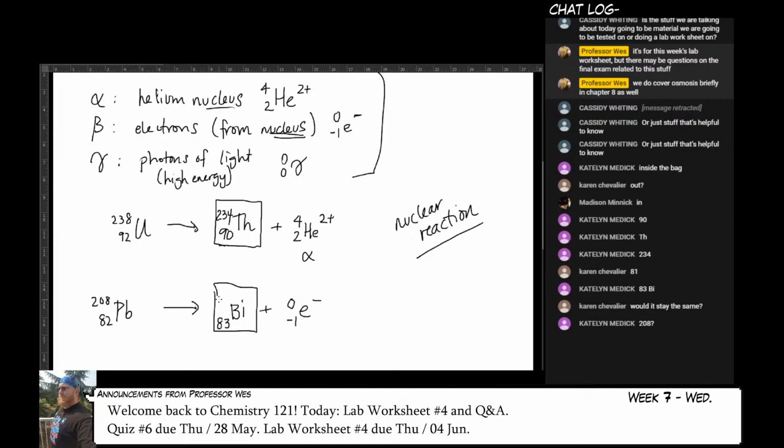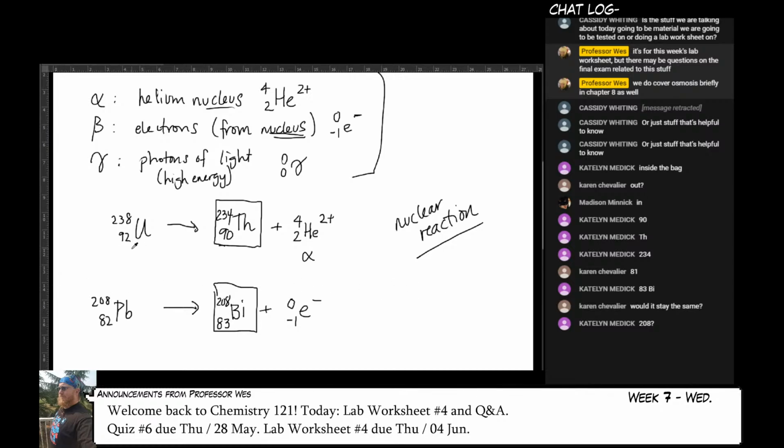It would stay the same. Very good. So we'll just put that number there, because electrons don't have a mass. They don't have a mass number, I should say. So the mass number of the nucleus remains the same.